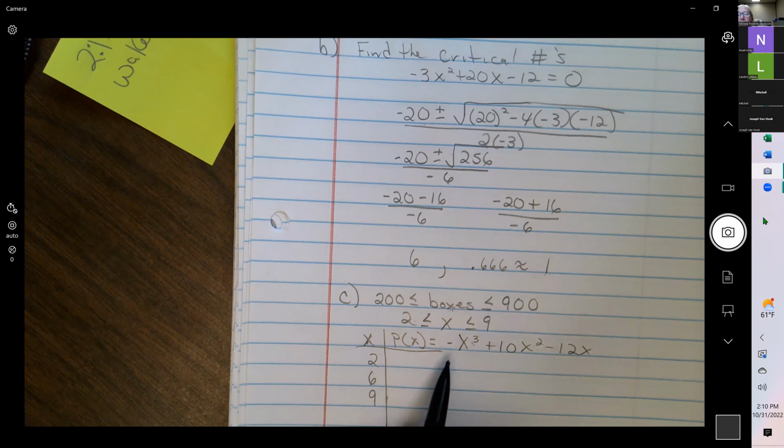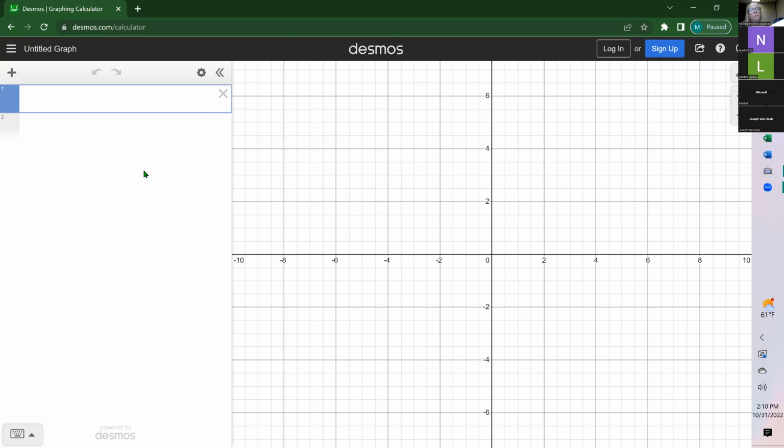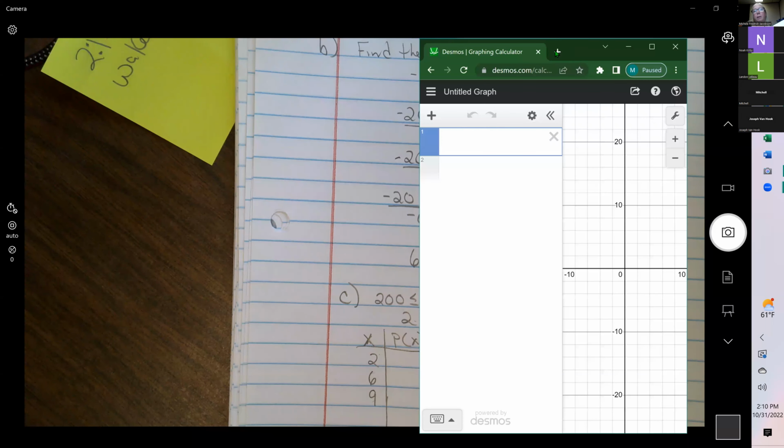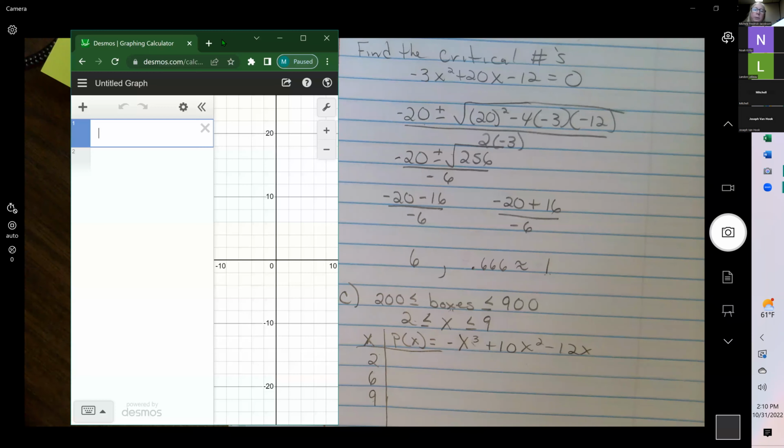Now you want to plug these in. If you have a TI-83 or 4, you can use it. You could also use Desmos. In Desmos, you go to the plus sign and you open table.